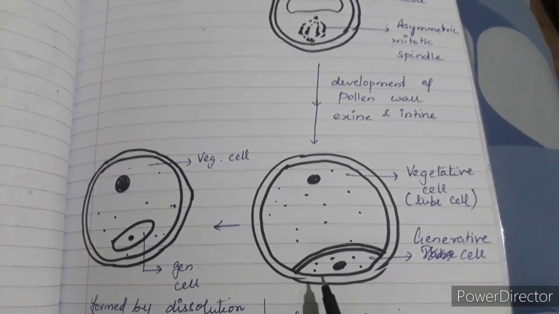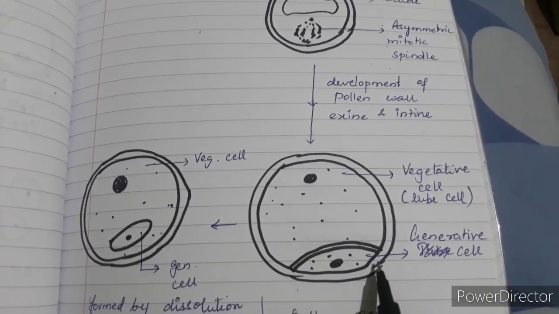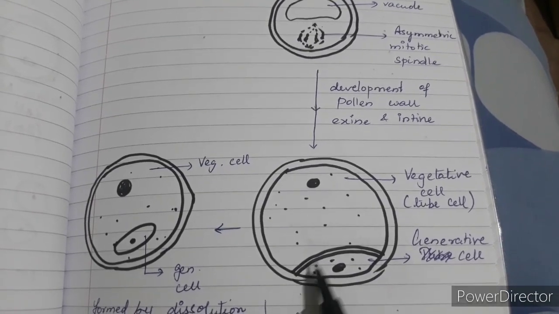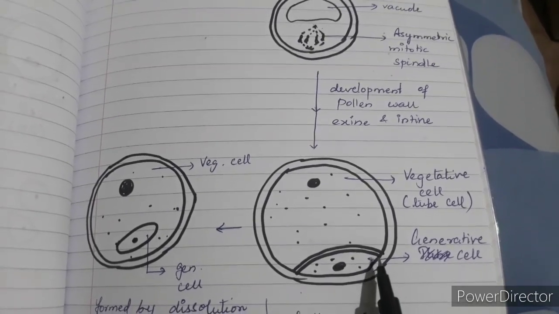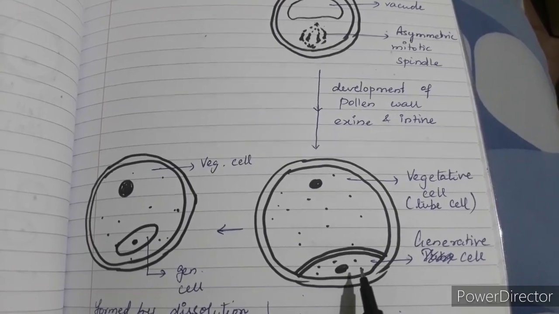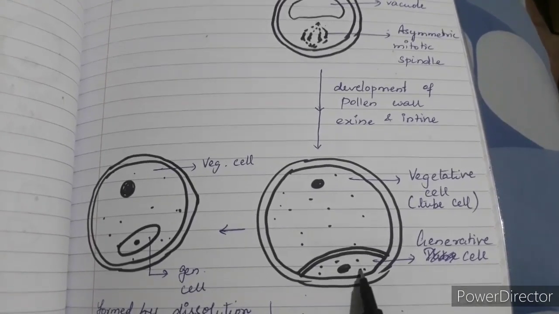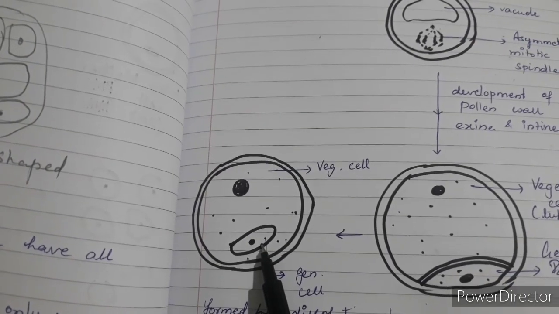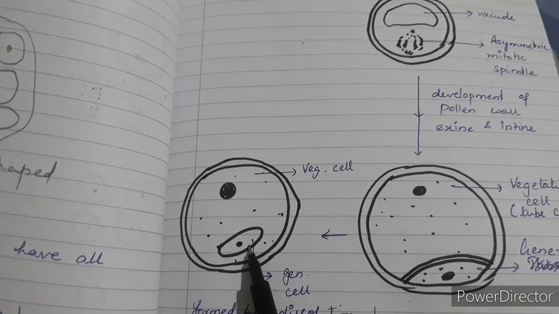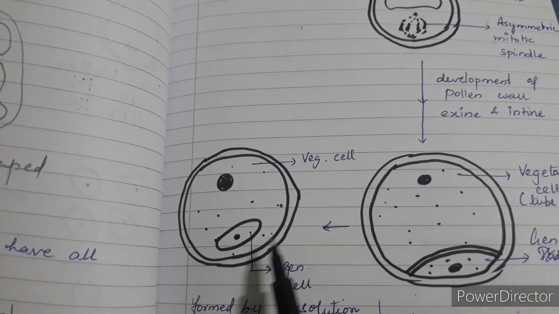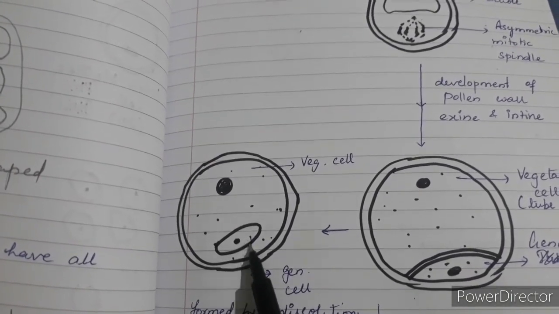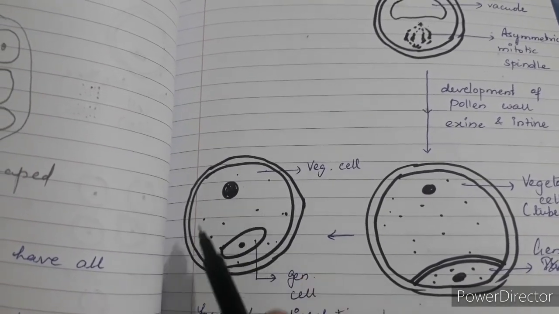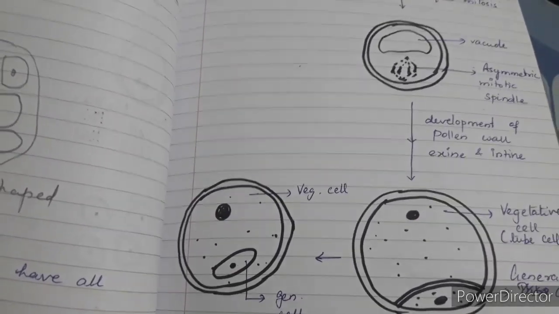Initially the generative cell is attached to the vegetative cell by means of a callose layer. Soon the callose layer will be dissolved by callase enzyme. Finally the generative cell will float within the vegetative cell cytoplasm.